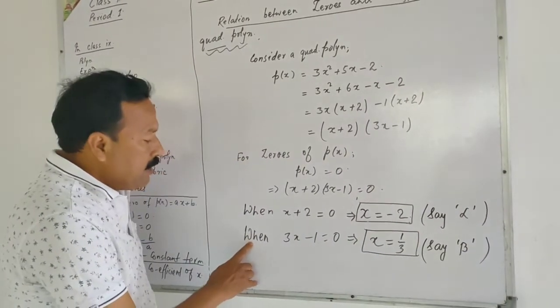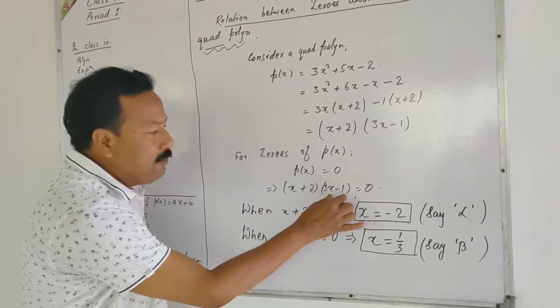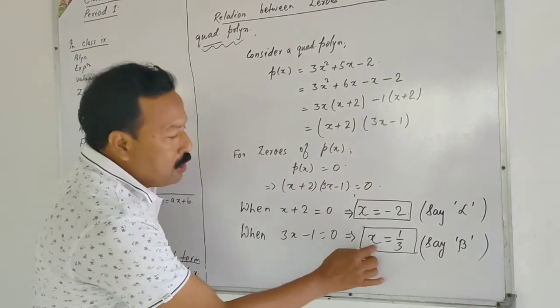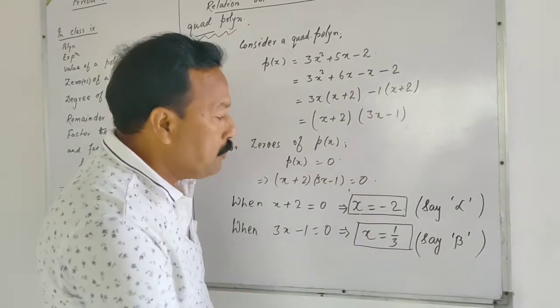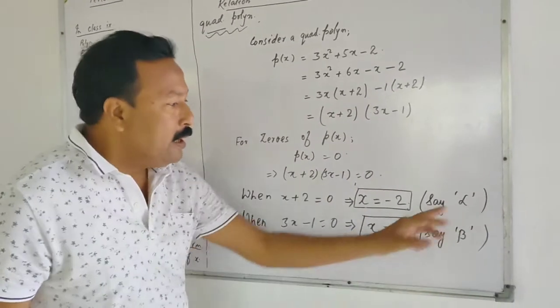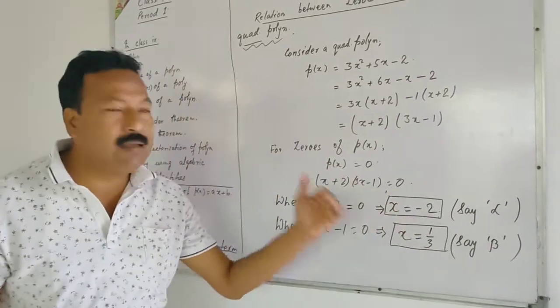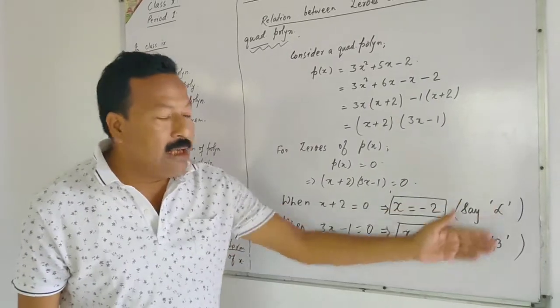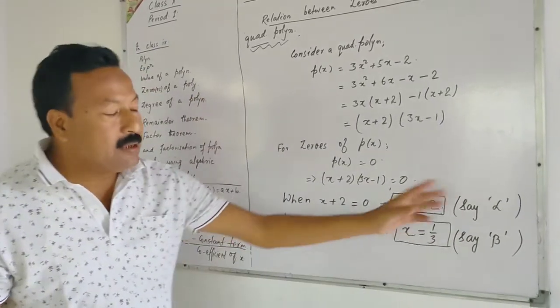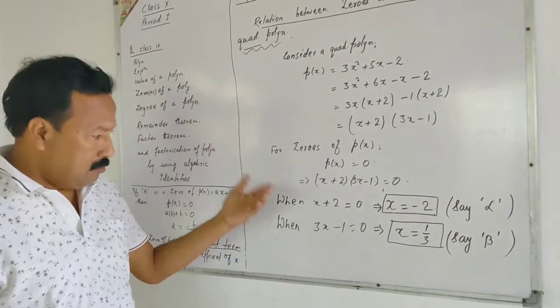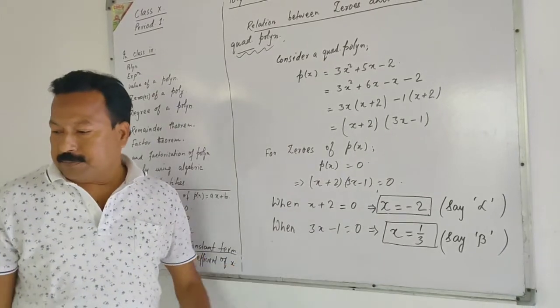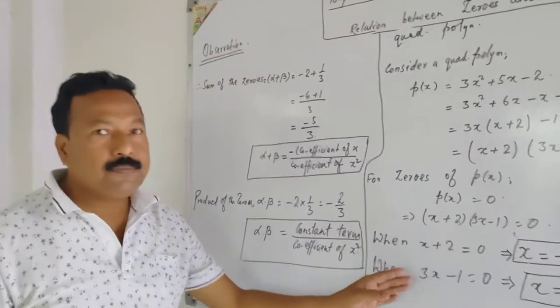And when the second factor, 3x minus 1, equals 0, you will get x equals 1 upon 3, say it is beta. Here alpha and beta are Greek letters. We'll use these letters afterwards.